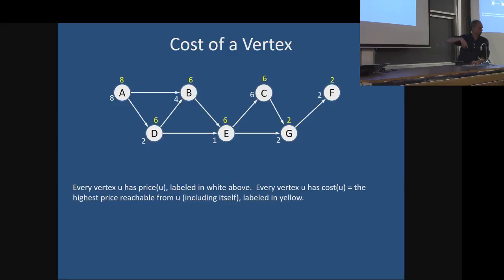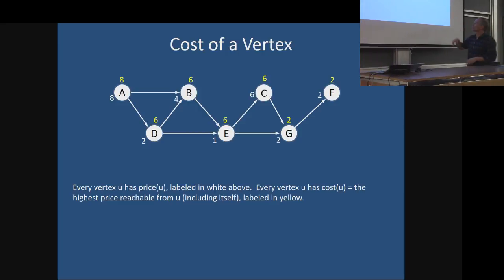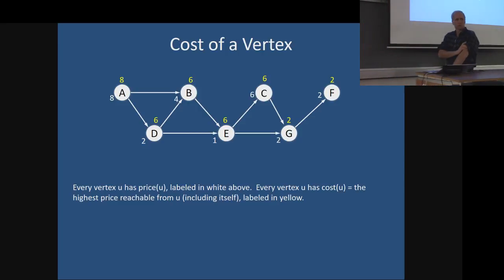Its price is 2, and it can also reach a vertex whose price is 2 as well. The largest price in the vertices reachable from G is 2, so its cost is 2.